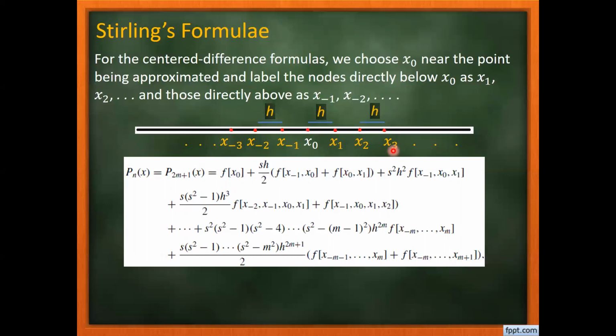Now in this case, we will have trouble finding a middle point. But if we choose n to be even, 2, in this case, look, we have 1, 2 on the right, x0 in the middle, and 2 on the left.